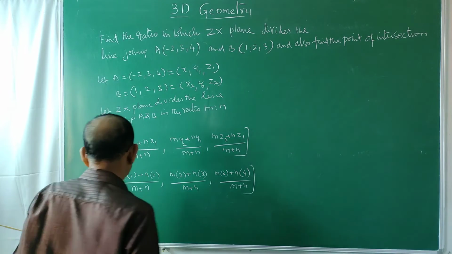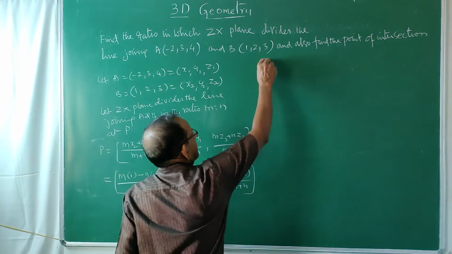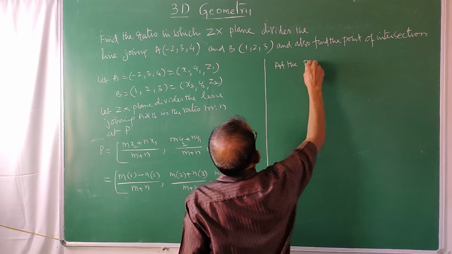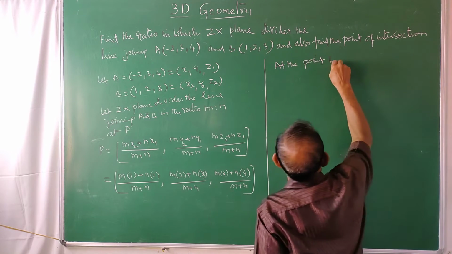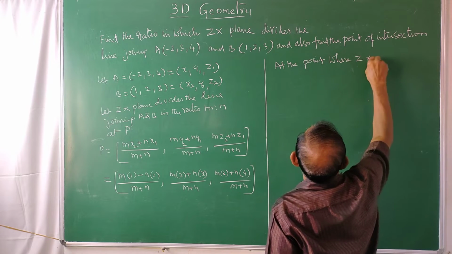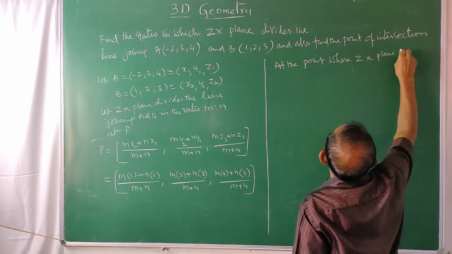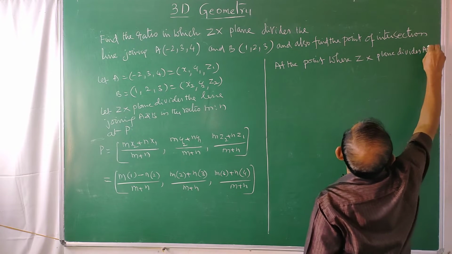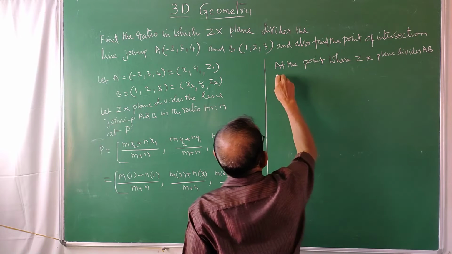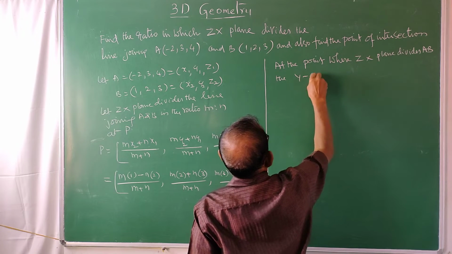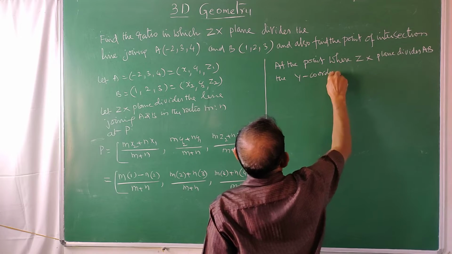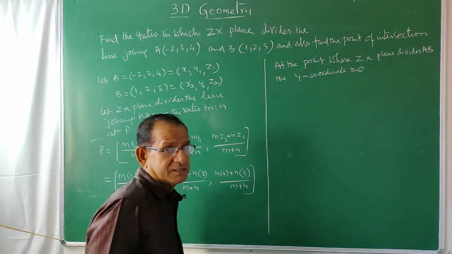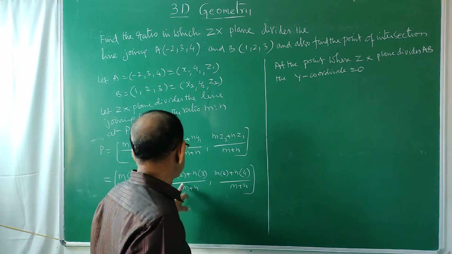At the point where the ZX plane divides AB, the y coordinate is equal to 0.